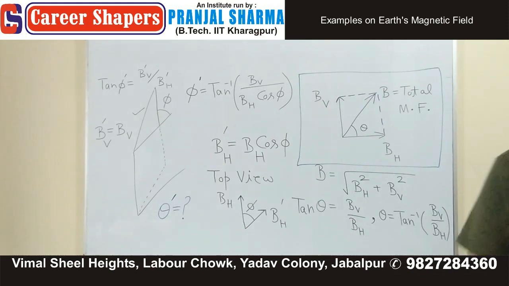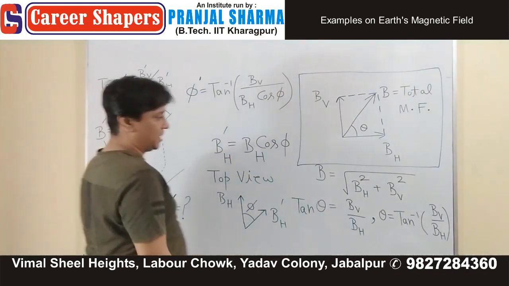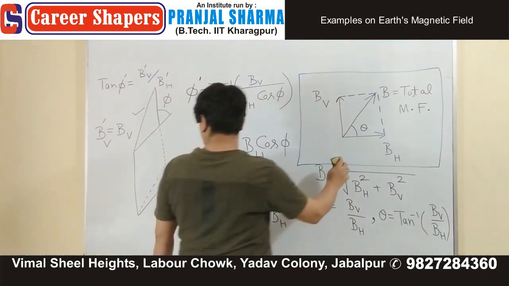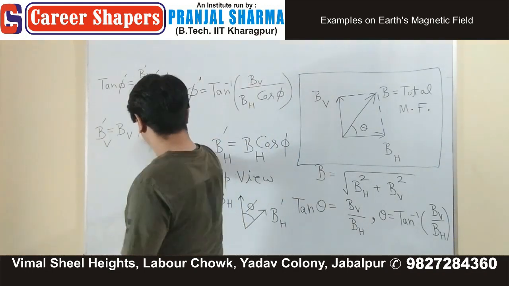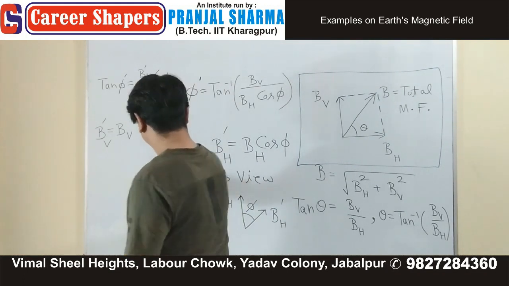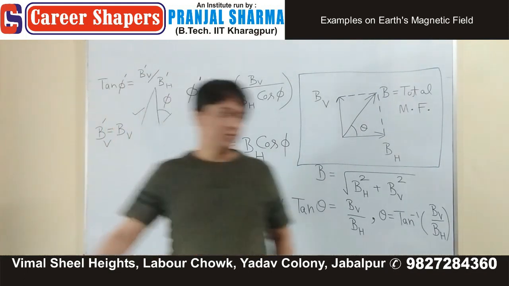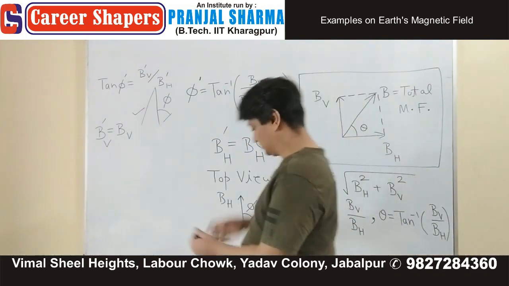Now suppose they ask this question as an objective one, and in that objective part there is a second option which looks like this, which some of you answered, and therefore I am presenting that option as a second option.